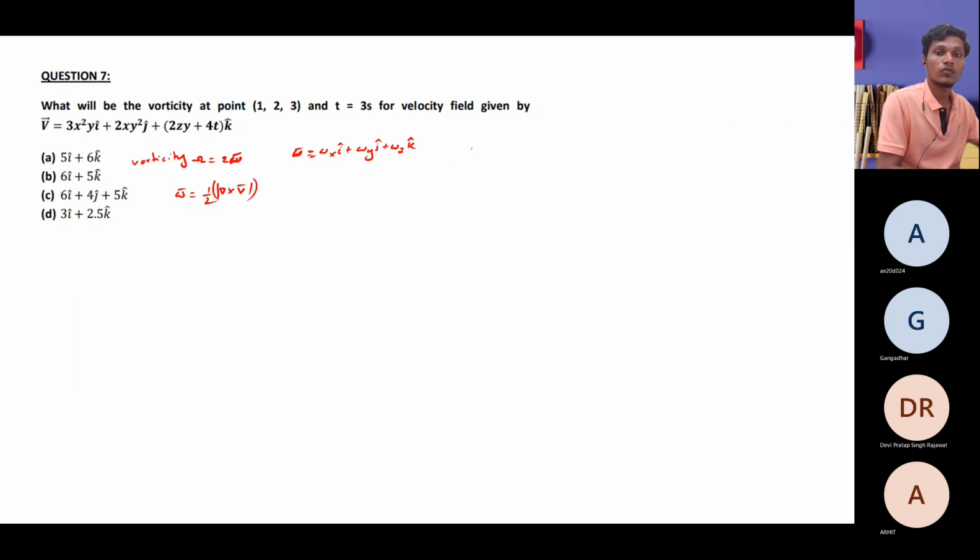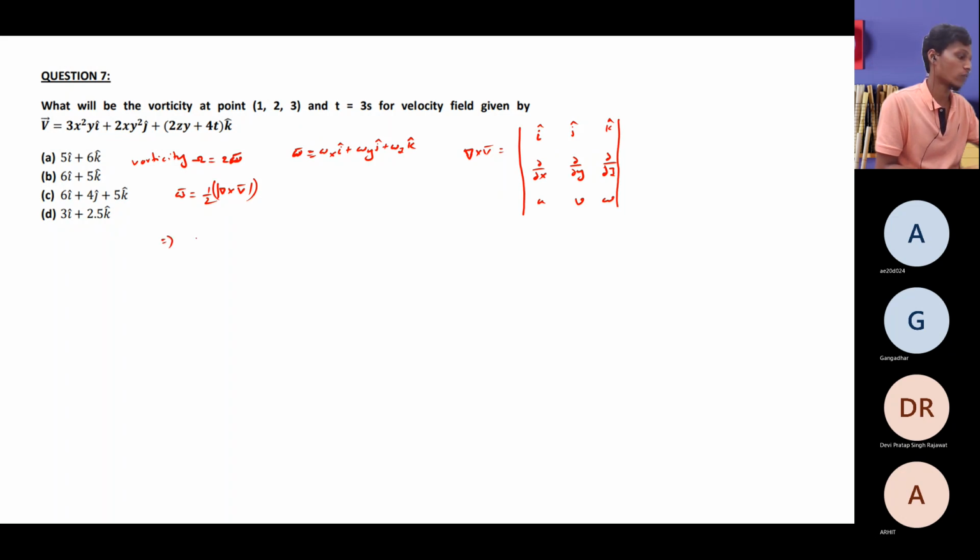How do you find del cross v bar? Del cross v bar equals the determinant of i cap, j cap, k cap; dou by dou x, dou by dou y, dou by dou z; and u, v, w. The determinant of this matrix will give us the cross product.